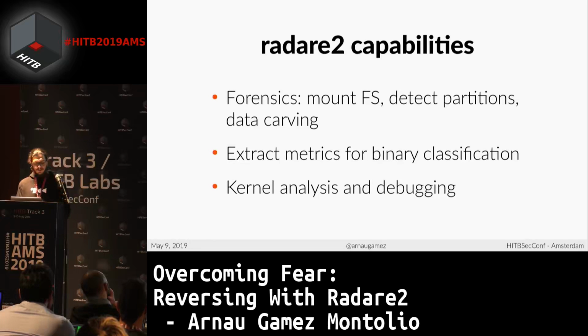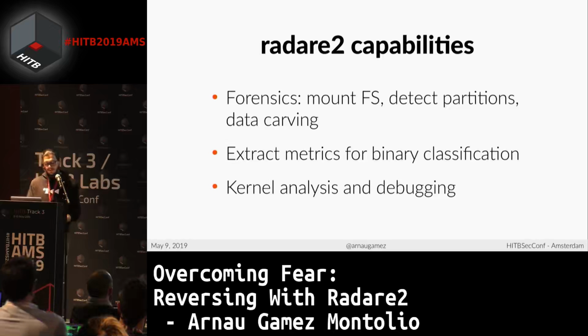It also has cool methods to extract metrics from different binaries, and it's quite useful for classification. It has entropy modules. There is also a cool option that lets you do block-based hashing. That is, say I want to compare different binaries.